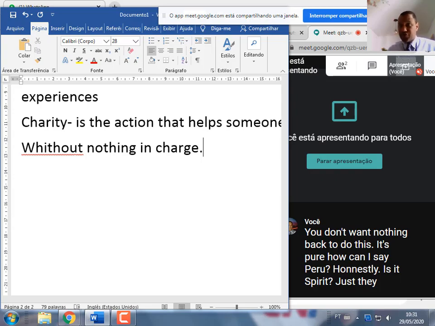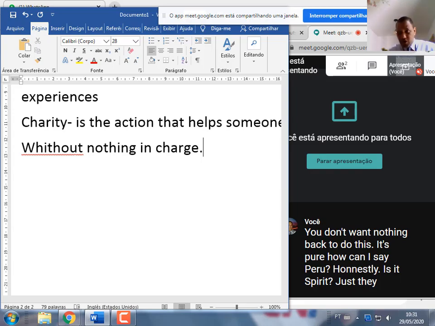For example, charity is money or something that you give someone by heart. You don't want anything in return.